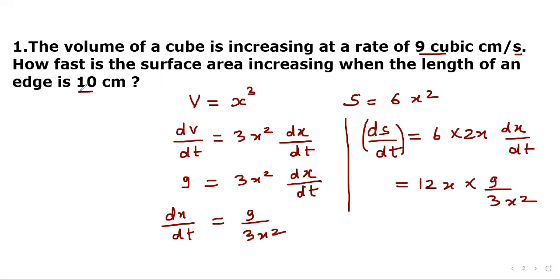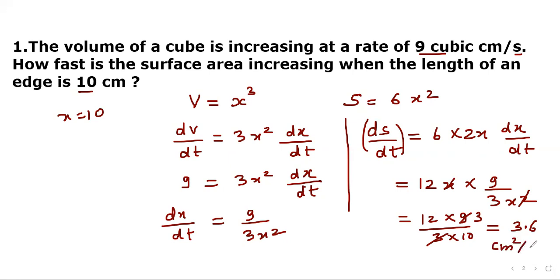Here in our question, the edge, that is x equal to 10 centimeter, is given. So we can put this value. So it will be 12 into 9 divided by 3 into 10. 3 times 3 is 9, so it would be 3.6. And the area is changing, so it would be cm square per second.